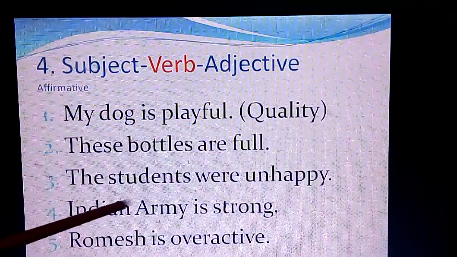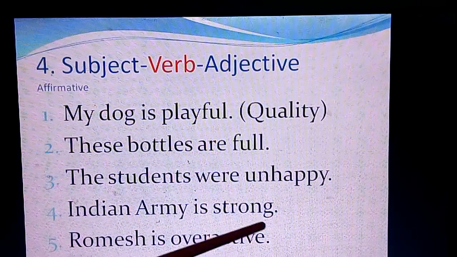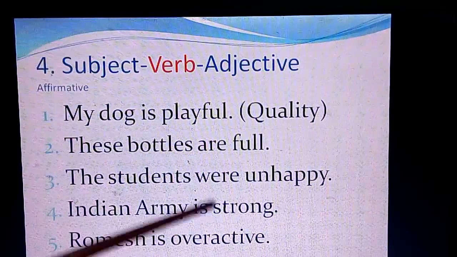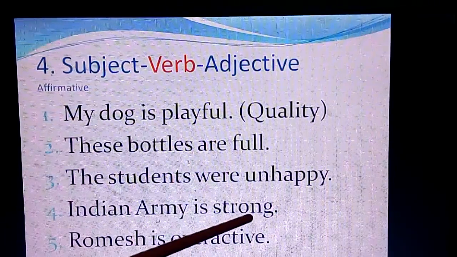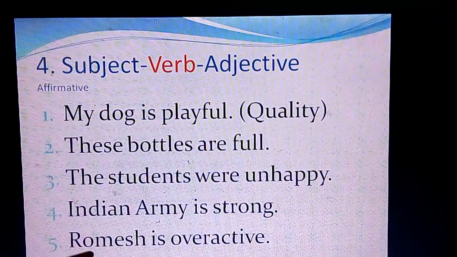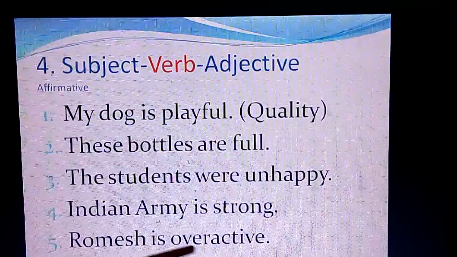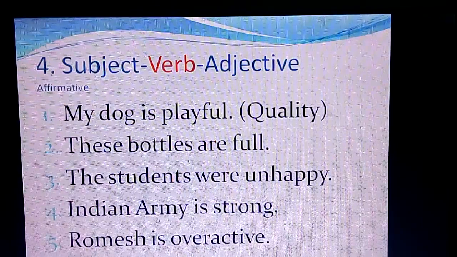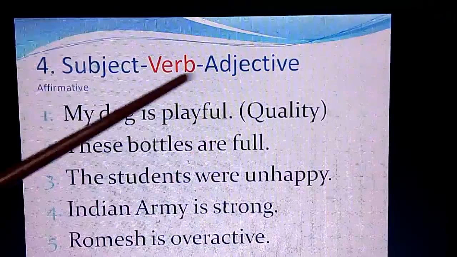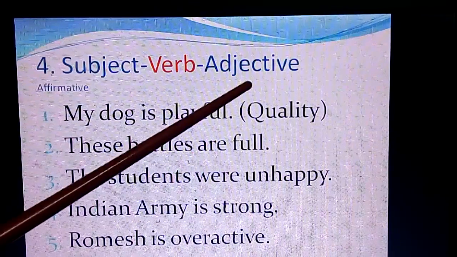So the Indian army is strong. Indian army is subject, is is verb, and strong is adjective. So this brings us to the fifth one. Ramesh is overactive. Ramesh is subject, is is verb, and overactive is adjective.